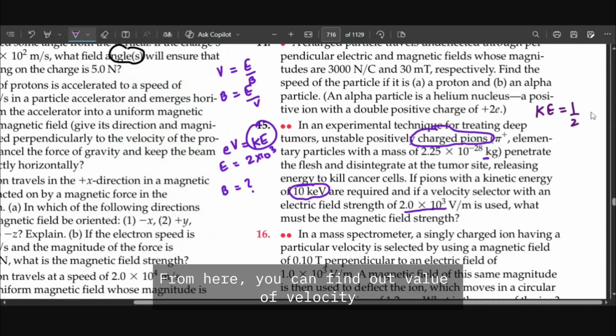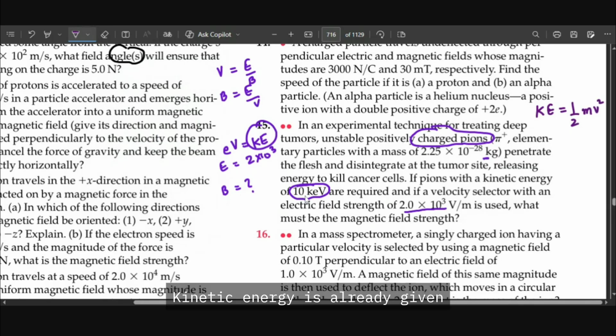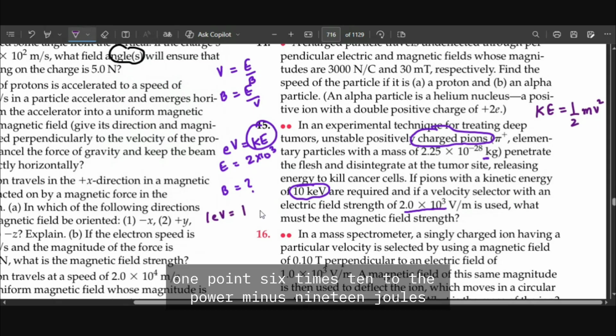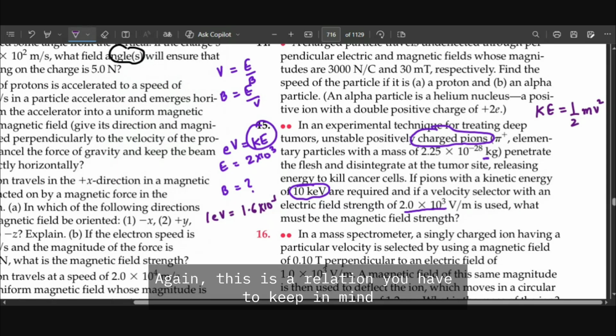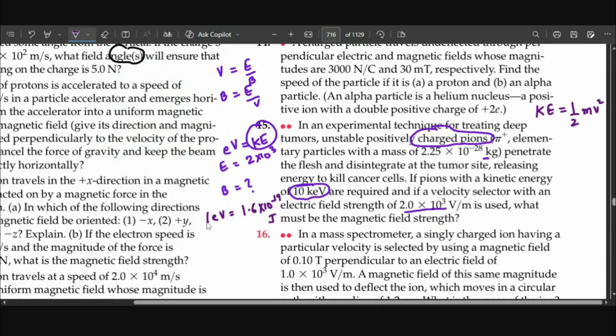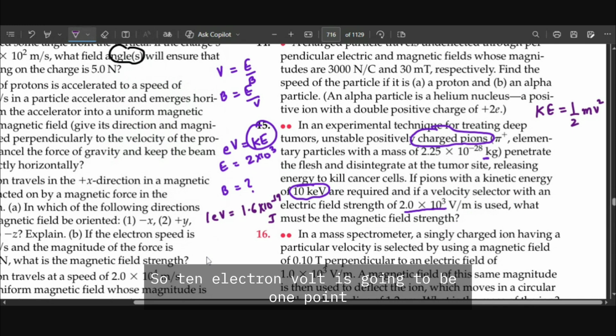From here you can find out the value of velocity. Kinetic energy is already given, 10 kilo electron volts. What is kilo electron volts? 1 electron volt is 1.6 times 10 to the power minus 19 joules. Again, this is a relation you have to keep in mind. So 10 kilo electron volt is going to be 1.6 into 10 to the power minus 15 joules.